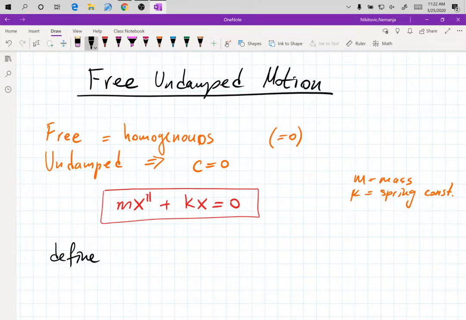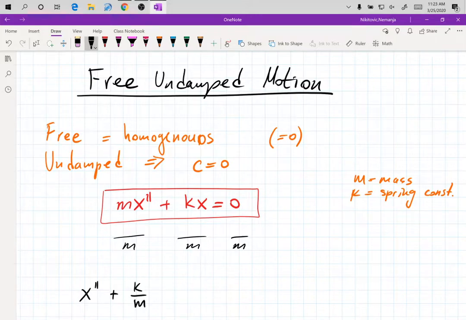Right now we're just defining this, omega naught, as k over m. Now, why would you do? Actually, you know what? Let's do it this way. Hold on. Divide the entire equation by m to get x double prime plus k over m x equals 0.